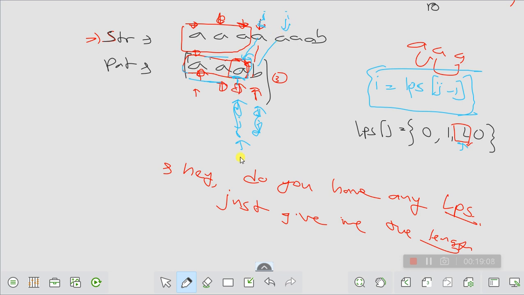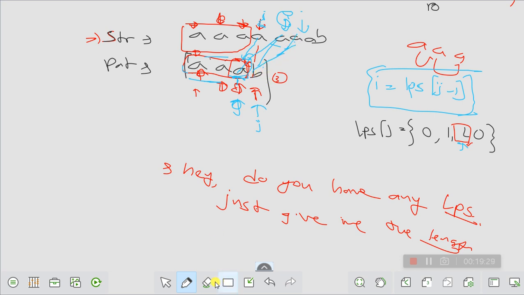And I'm going to check for this i and for this j. I'm going to ask again, is this and this equal? Yes, these are equal. Then I'm going to move my j to this index and i to this index. Now I find out that they are not equal.